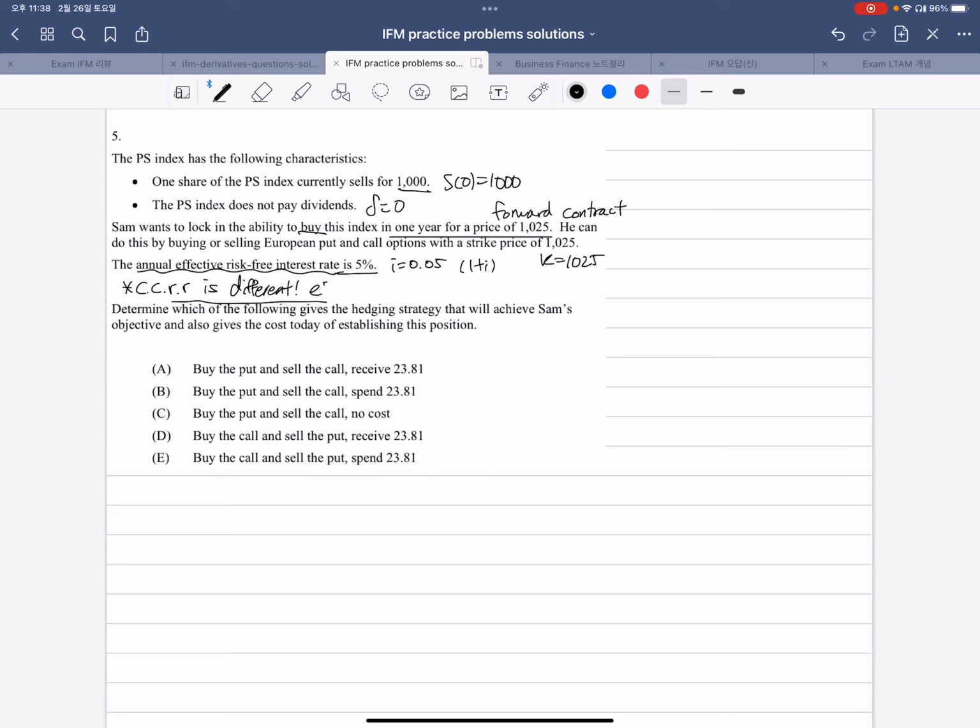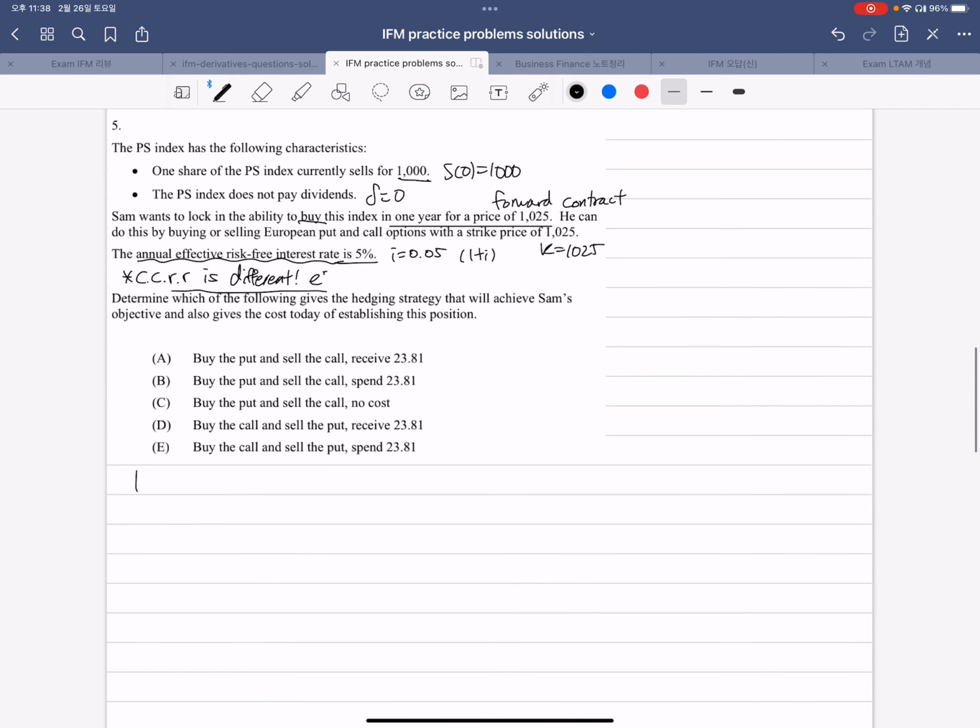And if we want to determine which of the following gives the hedging strategy and the cost of that hedging strategy, as I mentioned earlier, this is a forward contract, and we are buying a forward contract.